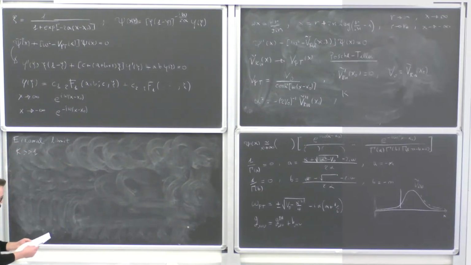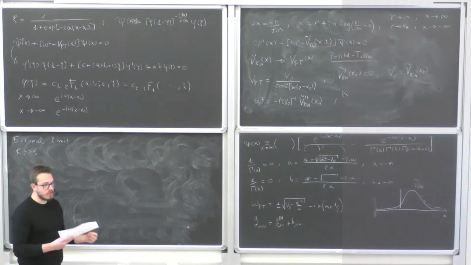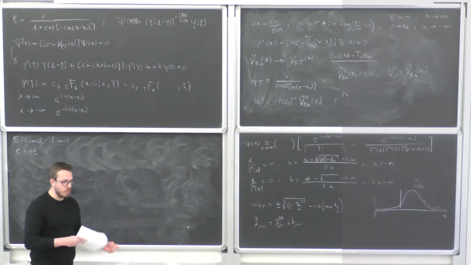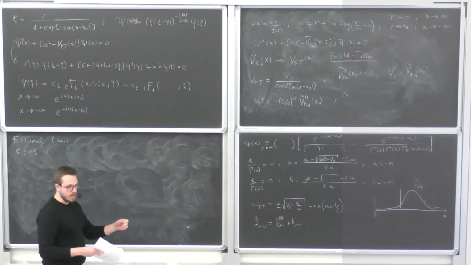And what happens is that with this assumption, you're basically saying that the wave function will vary much more rapidly than the geometry it is traveling across.